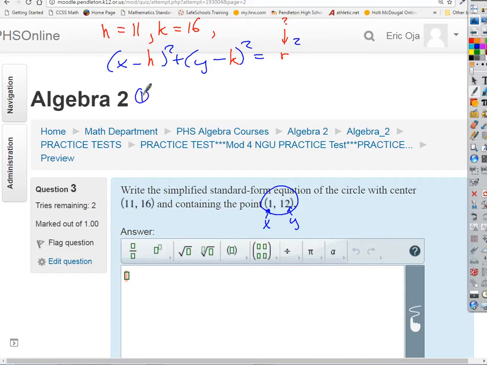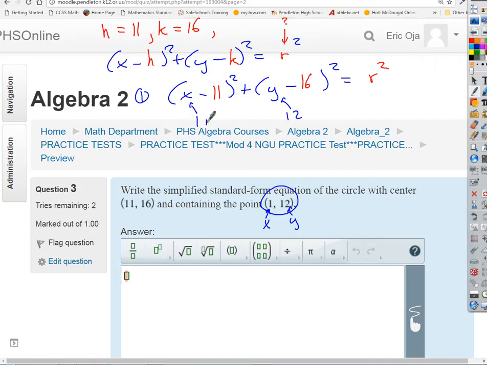So really there's kind of 2 steps. Step 1 would look like this: (x minus 11) squared plus (y minus 16) squared equals r squared, right? But then we could plug in the value 1 for x and 12 for y to find out what r is. If I plug 1 in, what's 1 minus 11 squared? 100.